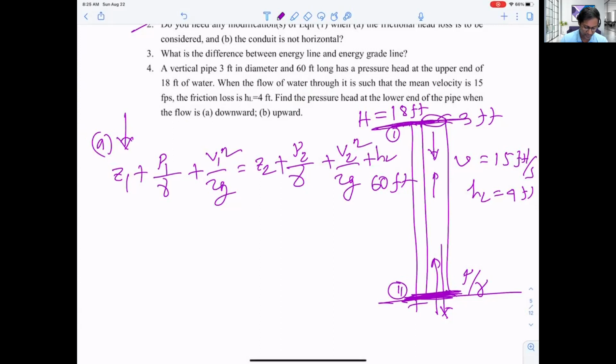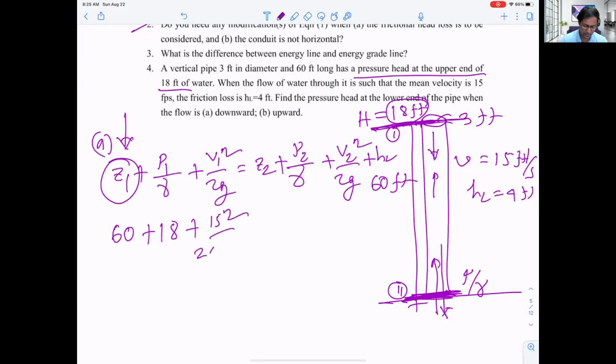What is Z1 for section 1? It is 60, plus P1 over gamma. They already mentioned it is the pressure head at the upper end, 18 feet of water, so it will be 18. And the velocity term is 15 squared divided by 2 into g. g means 32.2 for the FPS system. g is not 9.81, it is 32.2.